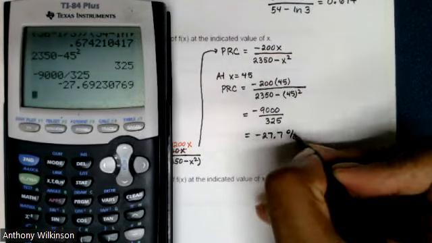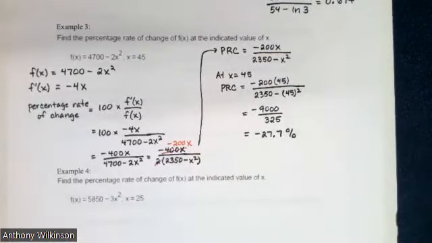And I will include the percent sign because they ask for the percentage rate of change. So here, the percentage rate of change for this function at x is equal to 45 would be negative 27.7%. Okay.